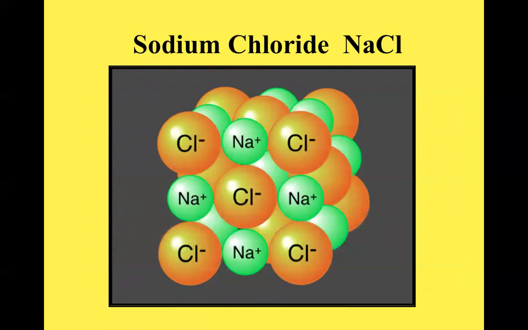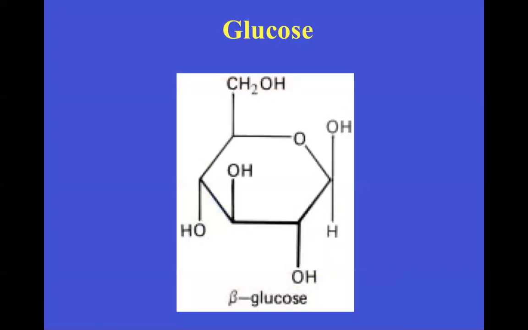Okay, so we've gone from the atoms to the molecules or compounds. Now, we have some other types of compounds that are a little more complex, and one of these is glucose. The reason I want to talk about this is because I want to introduce the 3 or 4 very important biological molecules.